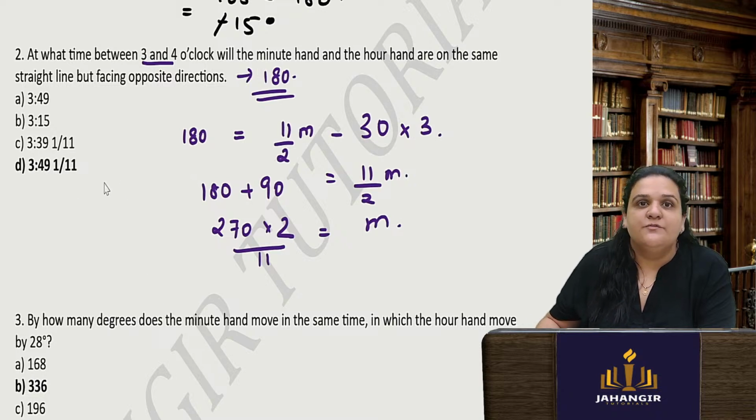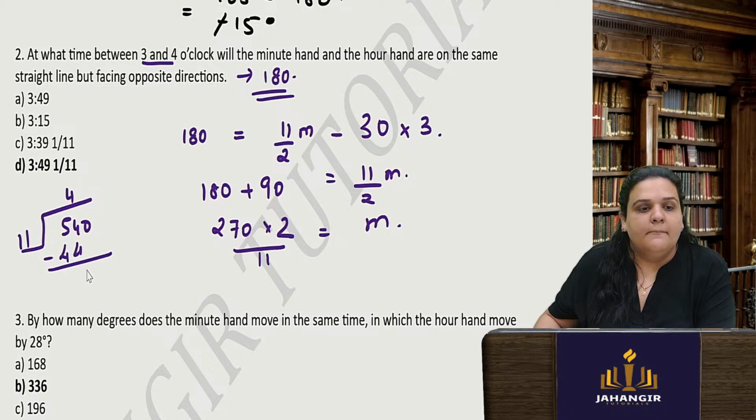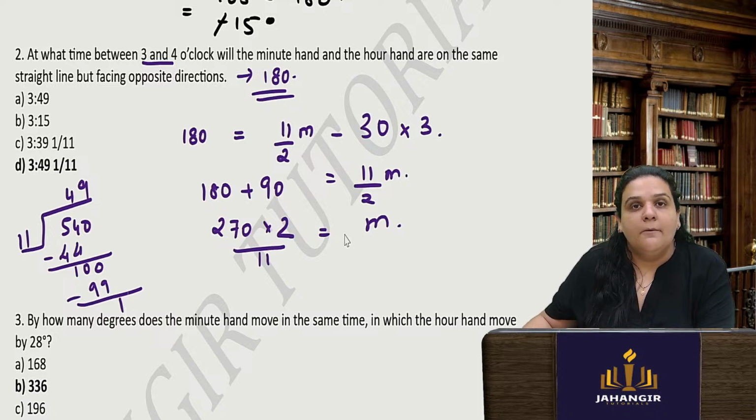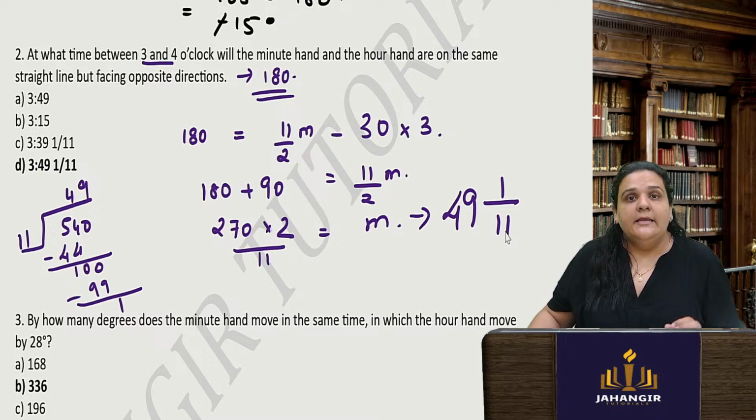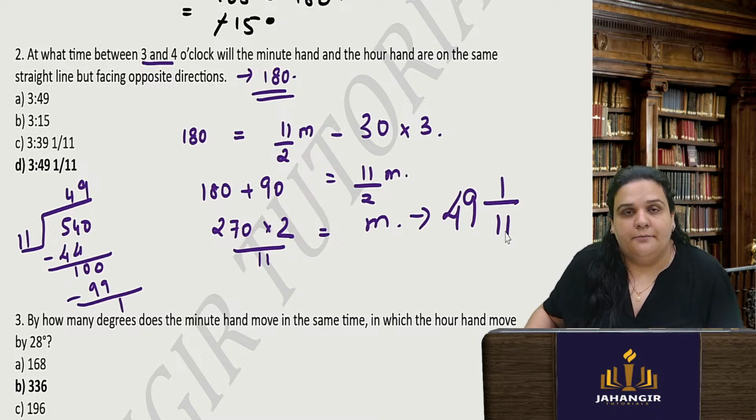270 into 2 is 540. So 540, if you try to divide by 11, 11 4s are 44, right? Then you will get 100. 11 9s are 99. And you will get 1 as a remainder. Okay, so in your minutes you will have 49 1 by 11. Whenever you are trying to find minutes, I told you 11 will be in the denominator.